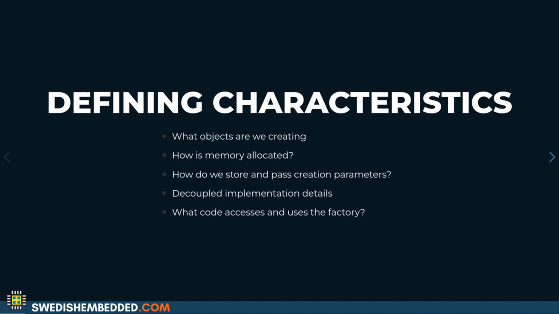Next question is, how do we store and pass the creation parameters? One defining feature of the factory pattern is that objects are created from parameters. If you look at, for example, the device tree definitions for devices, you can look at those parameters for the device, and then you can construct the object.